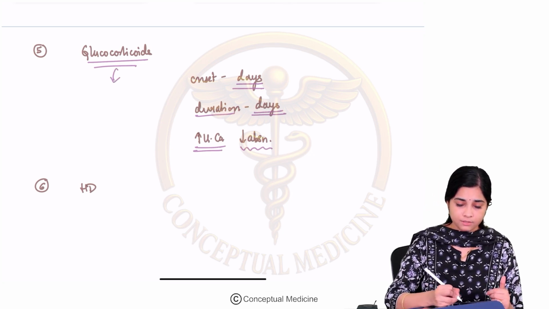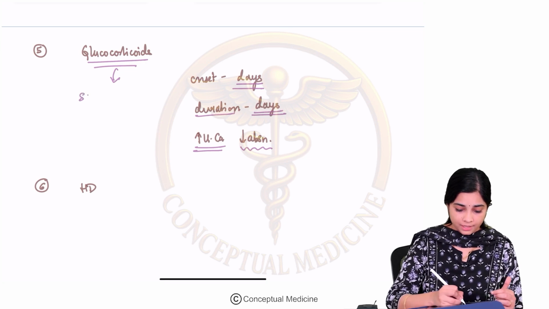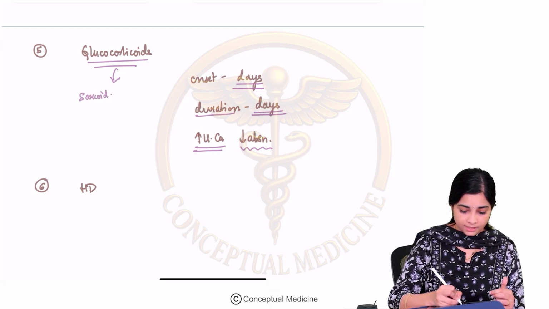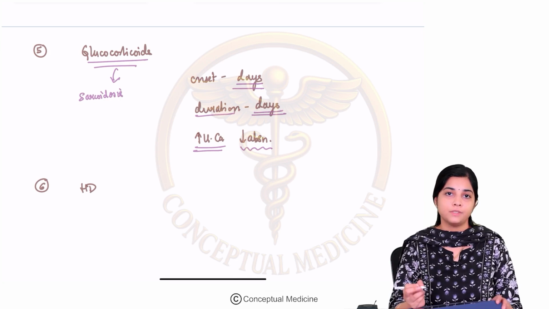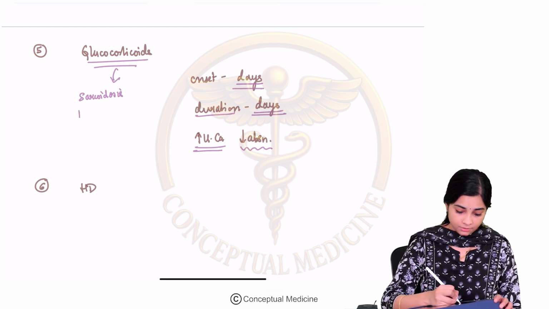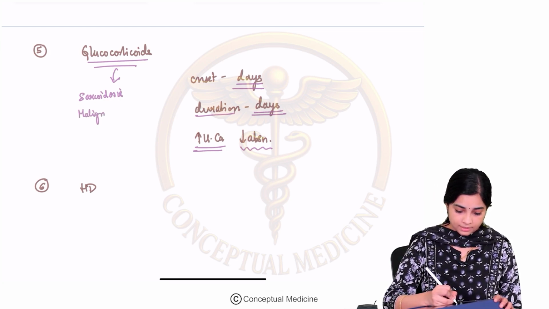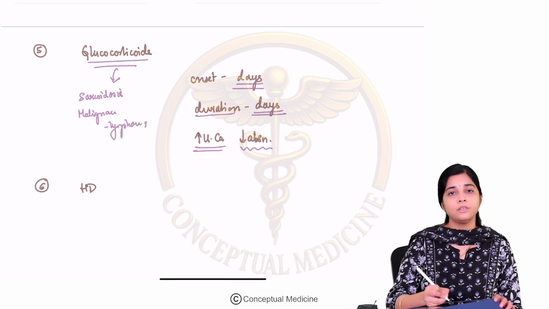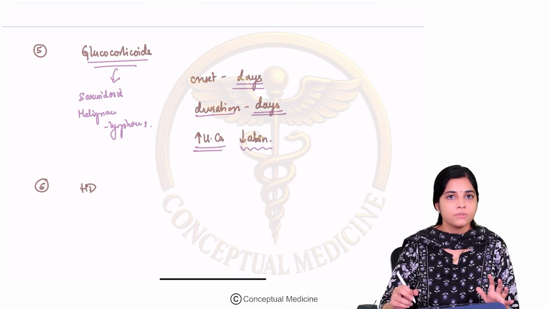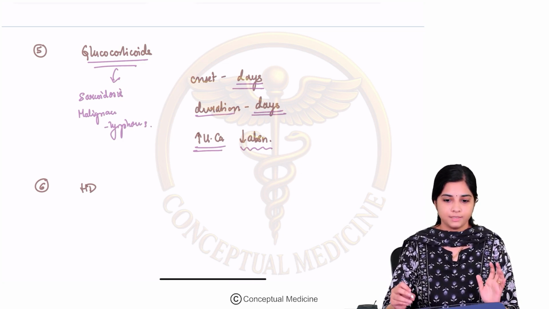Where do we use these glucocorticoids? They are very advantageous in autoimmune conditions like sarcoidosis because they help in the treatment of the disorder as well. They can be used in certain malignancies, especially lymphomas. But for solid organ tumors, we do not really use glucocorticoids in the management of hypercalcemia.